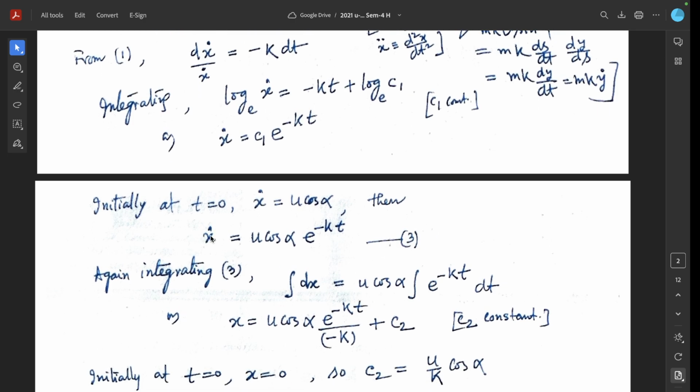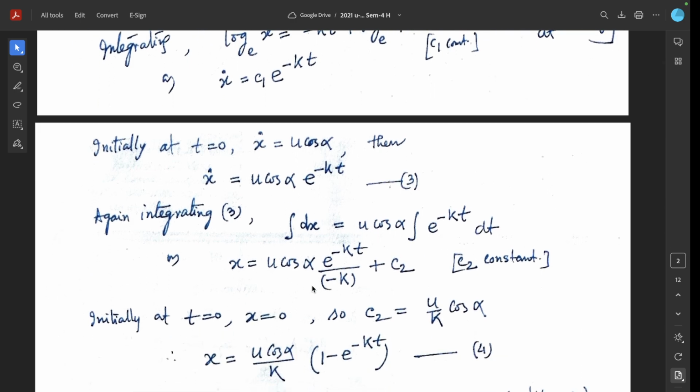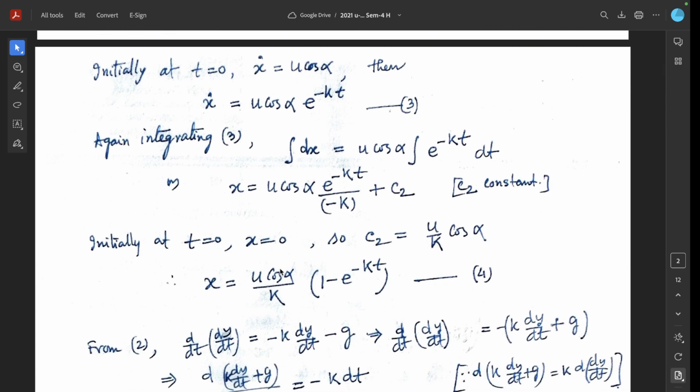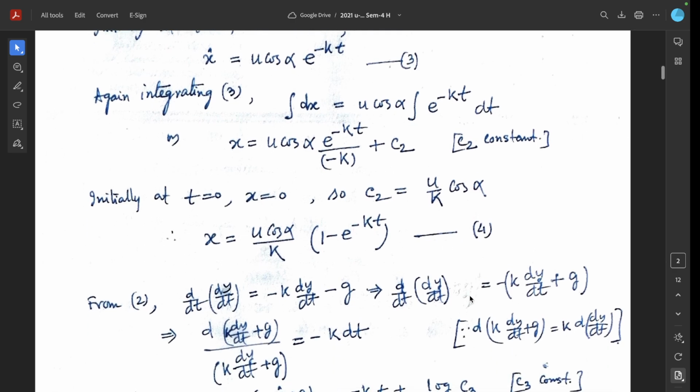Again integrating, we get x equal to u cos alpha times the integral of e to the power minus kt dt. After simplification we get this plus constant c2. Initially at t equal to 0, x equal to 0, so c2 equals this. Hence x equal to u cos alpha by k times (1 minus e to the power minus kt), equation 4.